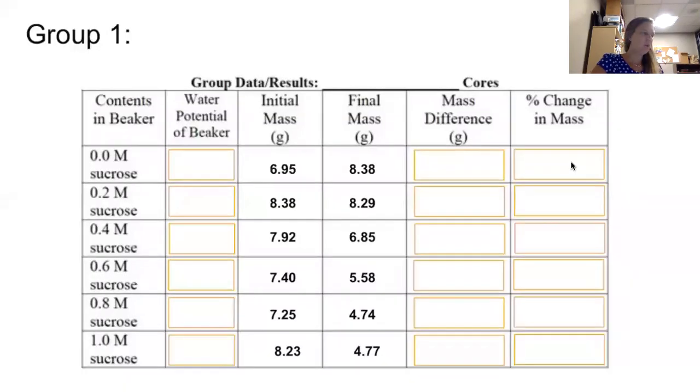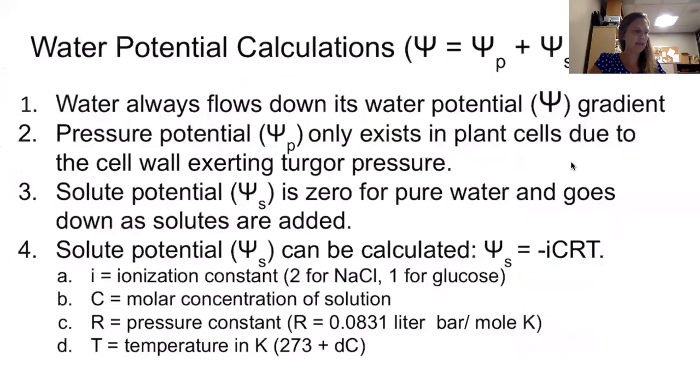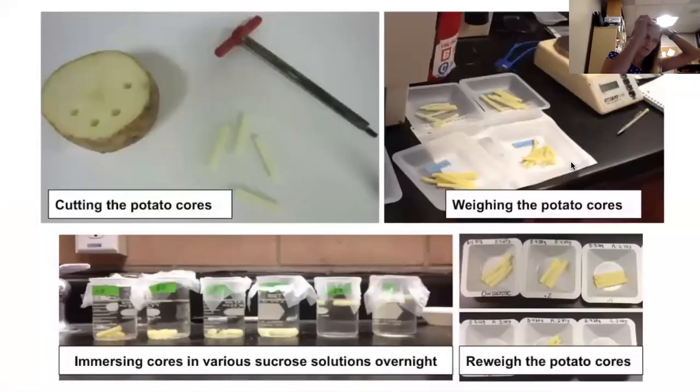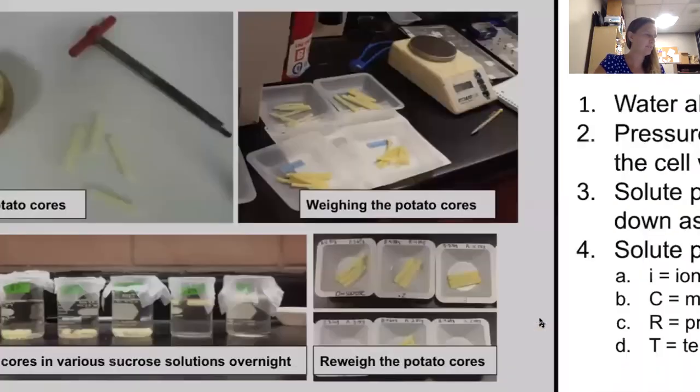All right, so here is the potato lab that we did in class, right? And again, the virtual lab did not, but it would involve cutting potatoes, weighing them before, and then putting them in various sucrose solutions, and then weighing them afterwards, all right?